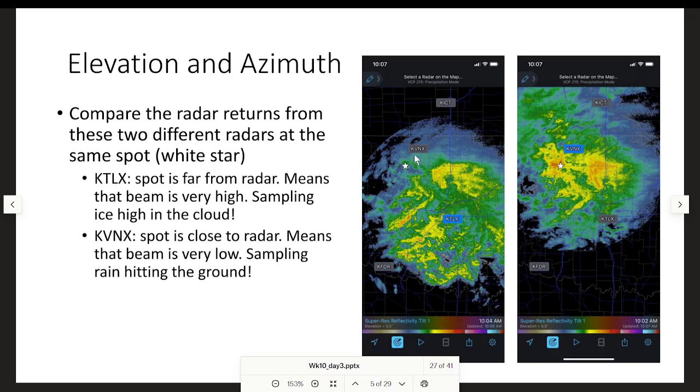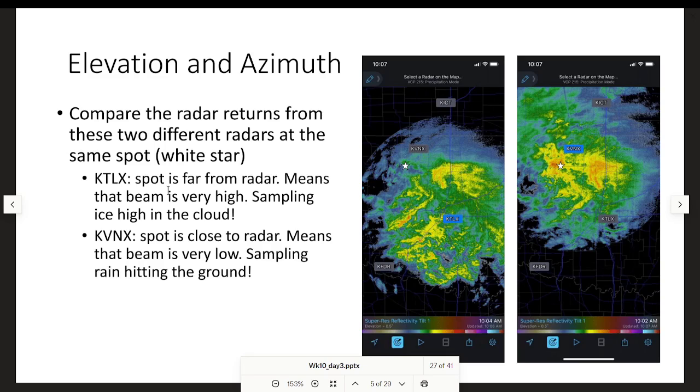So it's not picking up on this low level precipitation. It's only looking at the upper levels now because it traveled too far. So they put another radar right here, closer to this area, so they could get better coverage. And what do you know? It is picking up the storm in the lower levels because the beam didn't have to travel as far, so it didn't travel as far up in the atmosphere.